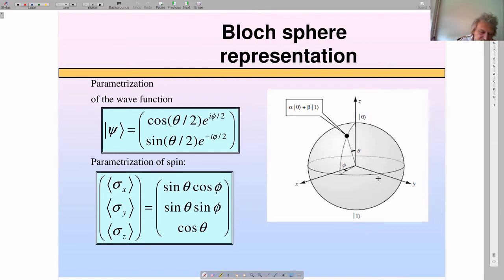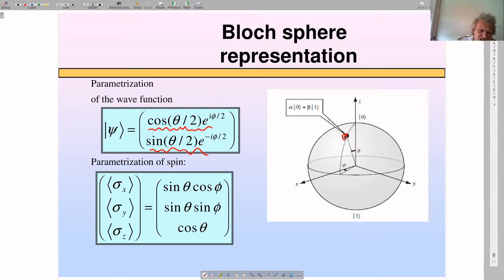Good. So this is the following form which is suggested to us. There are two angles which can be seen as the angles in a spherical system of coordinates. So these two angles would define a point on the surface of a sphere.